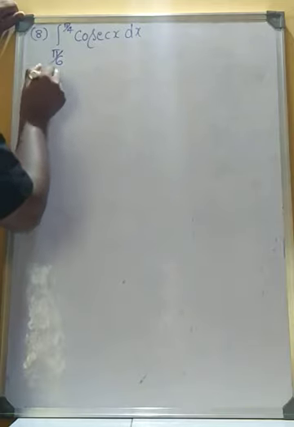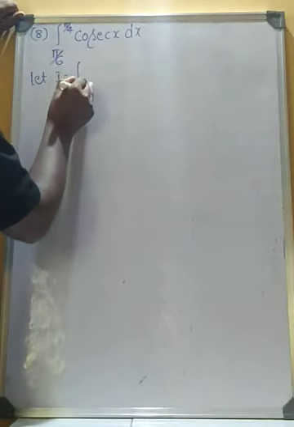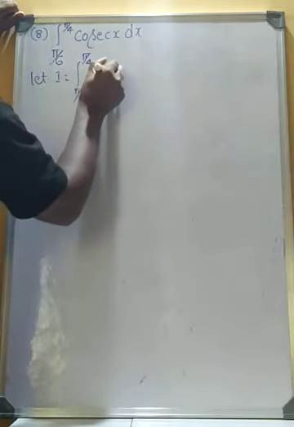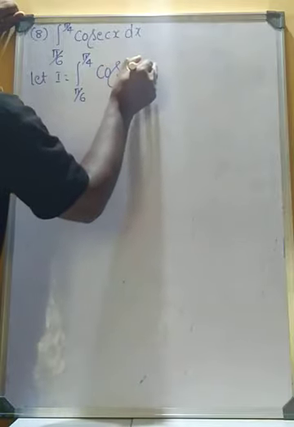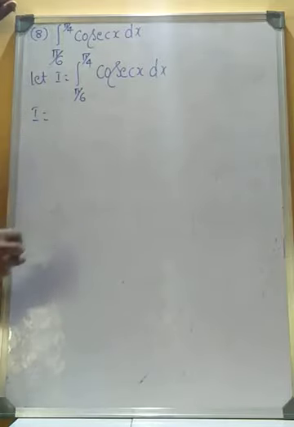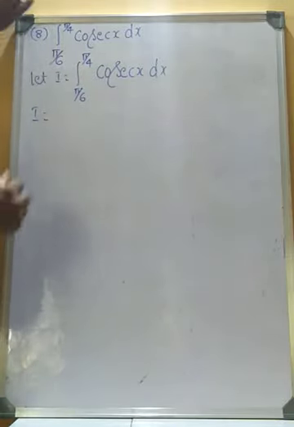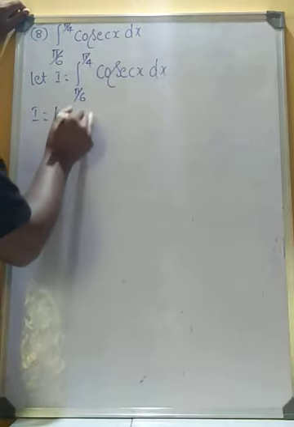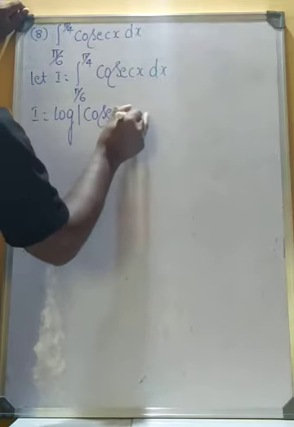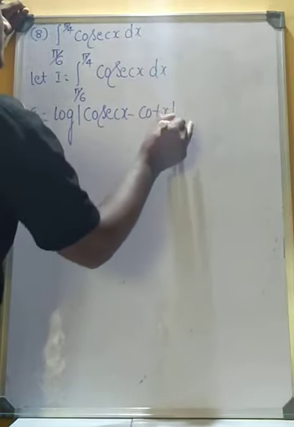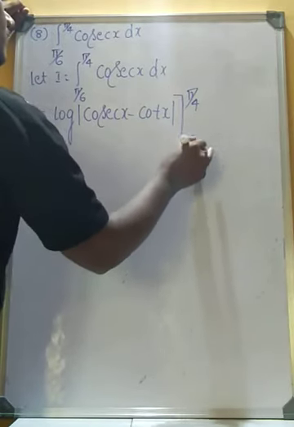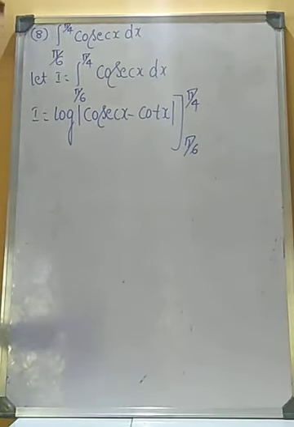So let I equals integral pi by 6 to pi by 4 cosecant x into dx. Therefore, I equals integral of cosecant x is log of cosecant x minus cot x. Upper limit pi by 4, lower limit is pi by 6.